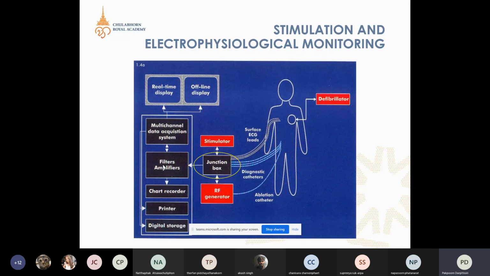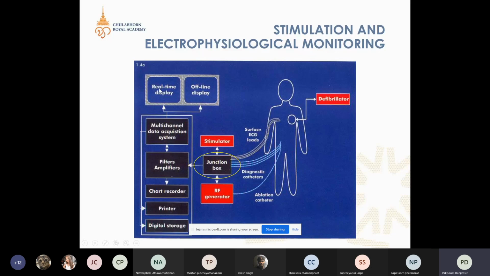Okay. After the signals are cleaned and amplified, that signal is an analog signal. So the system will transform the analog signals into digital signals, and then you will be able to see the intracardiac signal on the real-time display over here.